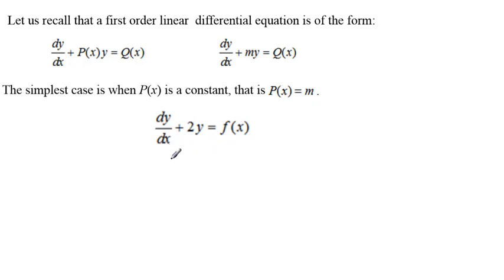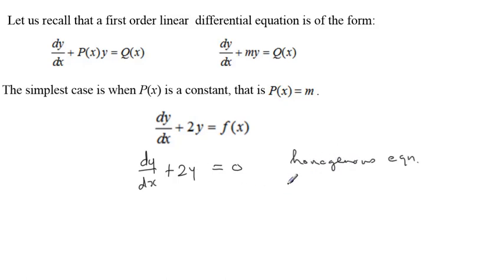In coming up to this method, we started by setting the right hand side of the equation, f of x, equal to 0 to create an equation, for example, dy/dx plus 2y equal to 0, which we said was a homogeneous equation.